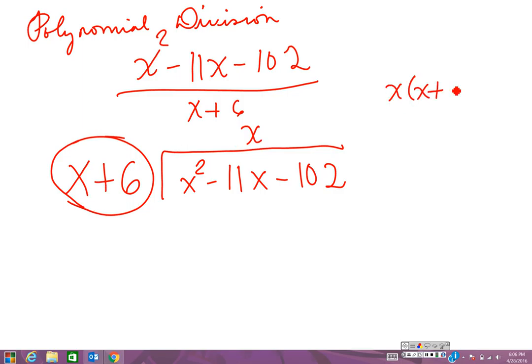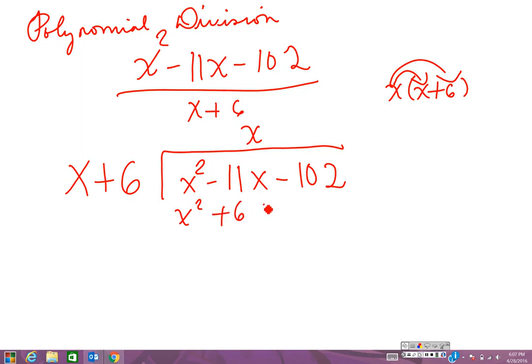So basically this is what you're doing. You're doing a distributive property in your head. So what is x times x plus 6? X squared plus 6x. And then we always subtract. So basically that means change all the signs.